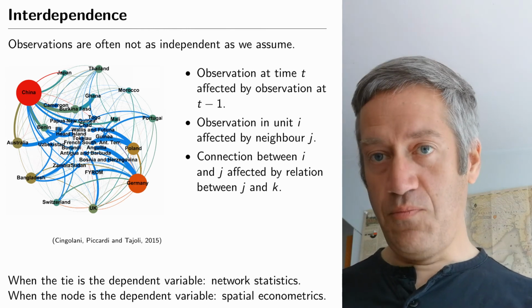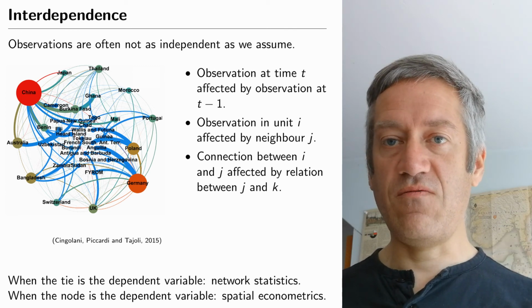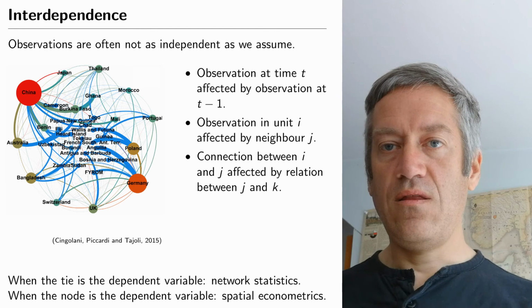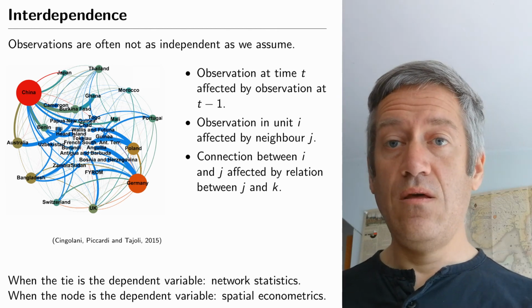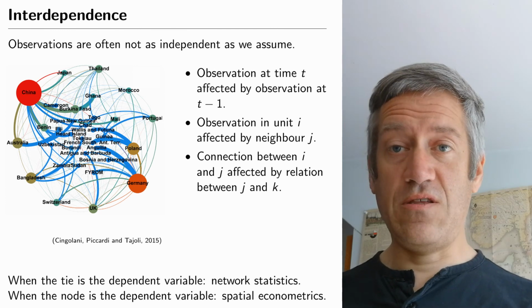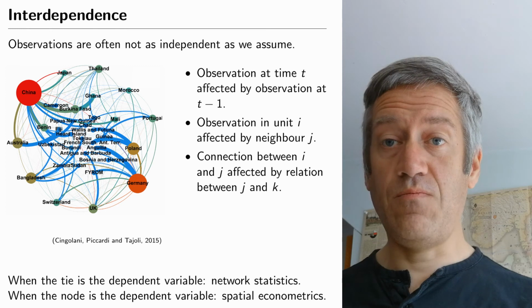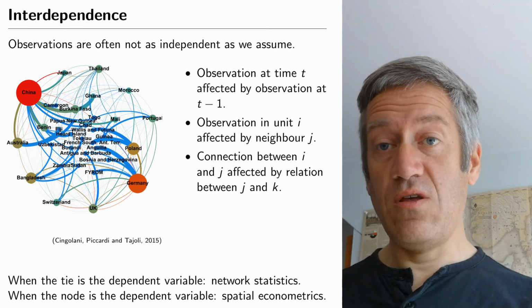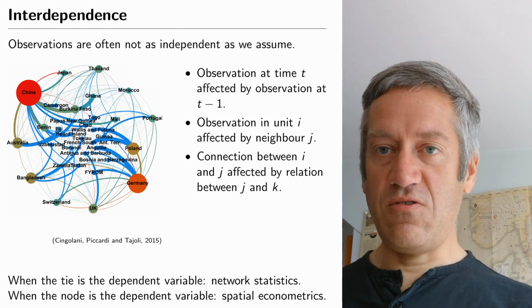So we can now have all kinds of high-level interactions. There is temporal correlation, where values at previous time periods will affect values at current time periods. There is network autocorrelation, where neighbors will affect each other. And there are these higher level interdependencies, where the ties between two units might be affected by the ties of those two units with other units, for example, the example I gave about Germany, the UK, and the Netherlands.